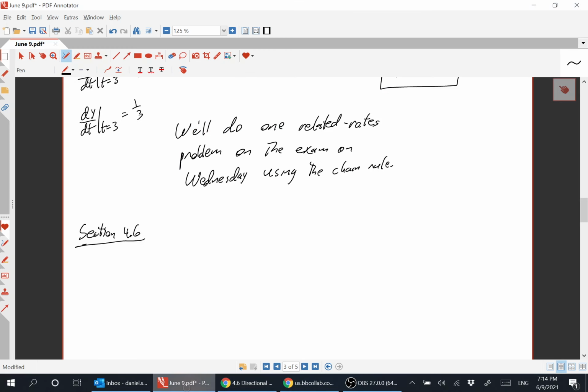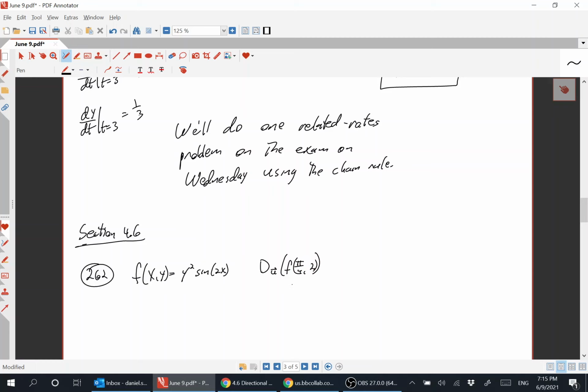So 262, right? We've got f(x,y) equal to y squared sine 2x, and find the directional derivative in the direction of u for f at pi over 4 comma 2.